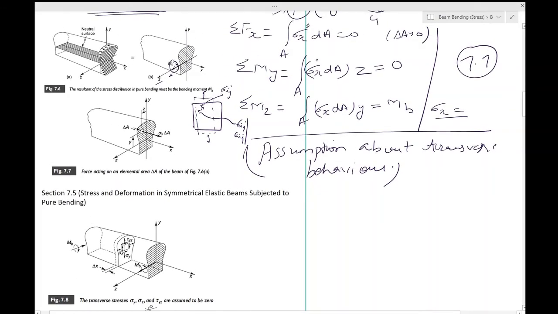If you take an elemental slice of thickness delta x, this is that slice of delta x, which you see over here. We observe that they are free of normal and shear stresses. Can you see that they are free of normal and shear stresses?